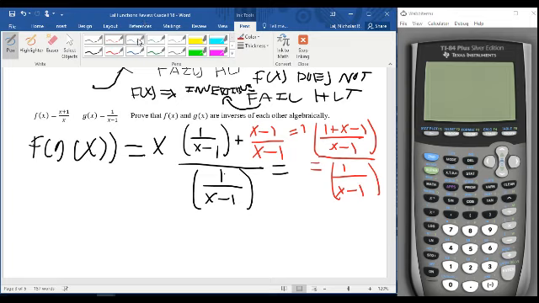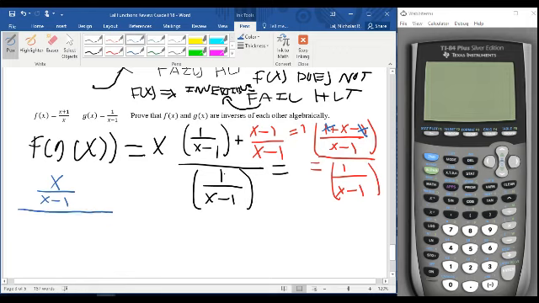Here, that positive 1 and that negative 1 cancel out. So we'll have x over x minus 1 divided by 1 over x minus 1.